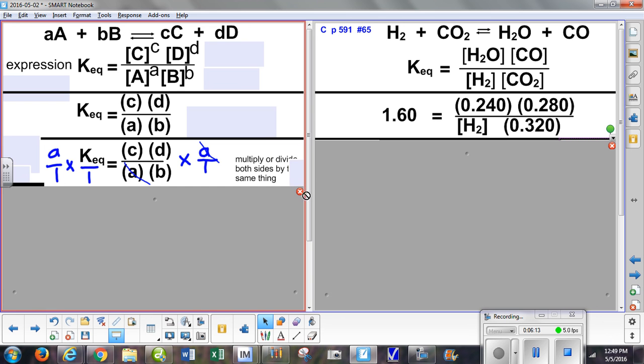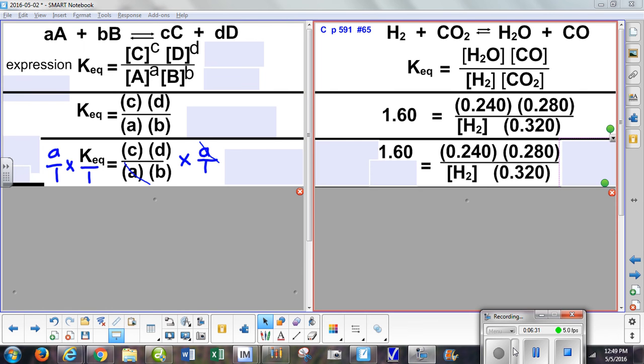But what's going on here is we're multiplying or dividing both sides by the same thing so that we don't change the value, and we're able to cross things out that we need to get rid of so that we can isolate A on its own on one side of the equation. Now over here in the real world, I think I'm just going to switch to real world numbers now.